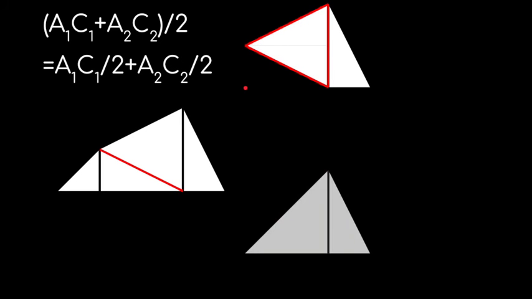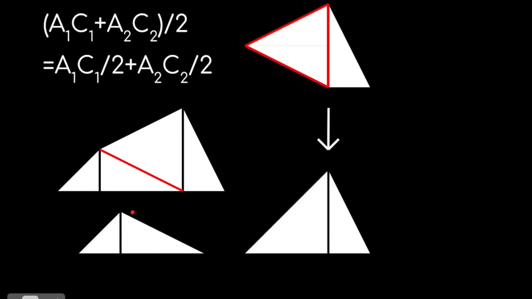Because of the same base, same altitude principle, we can actually move this point all the way down to here, and it will still have the same area. So this is where we get our second triangle. And then if we get that other triangle back too, then put in the lengths, it does have exactly what we wanted. So this is a simple explanation of why this formula works.